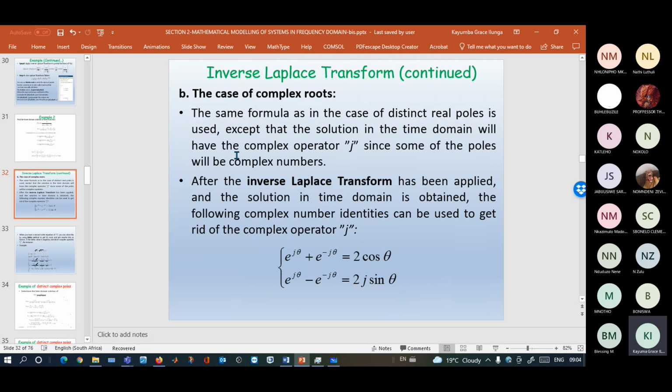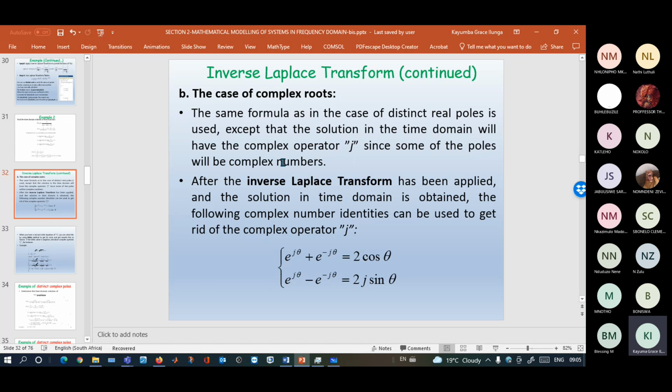For the case of complex roots, we use the same formula as for the first one. You find first the poles, but we know that with a complex root, we have the presence of j.